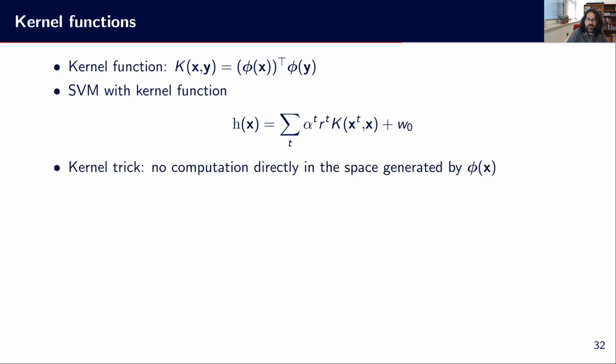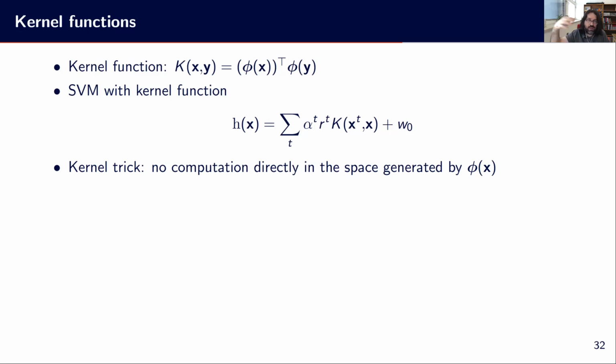The nice thing with that kernel function, where we are doing a nice trick, is that we are never making computations directly in the space spanned by phi of x. When we are projecting from a space in d dimensions to a space in k dimensions, k can be really big.